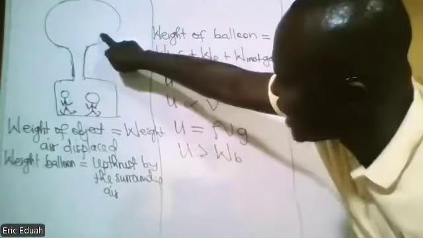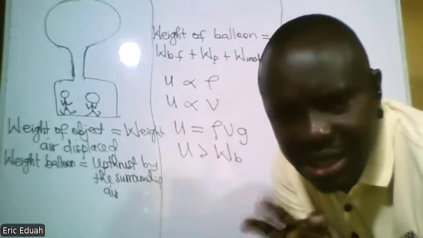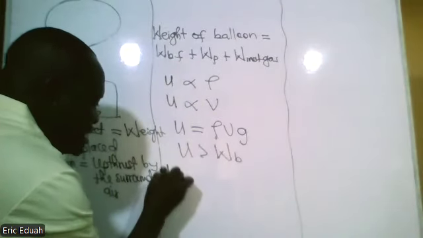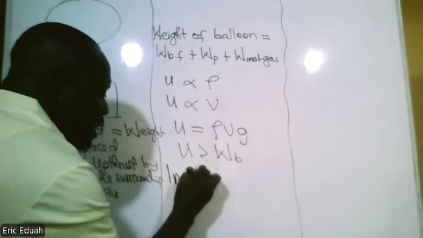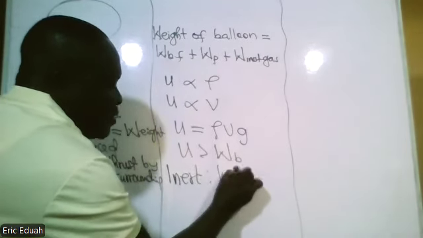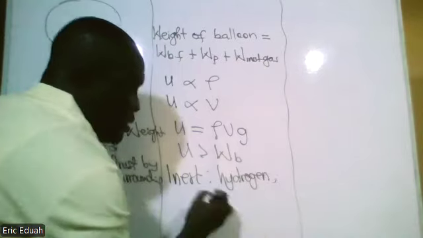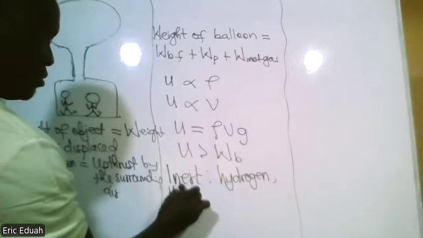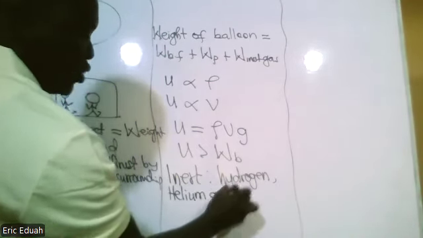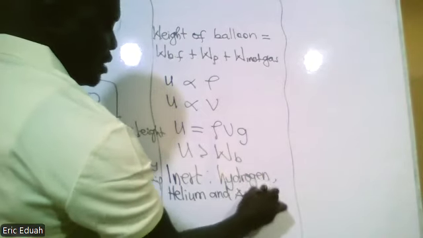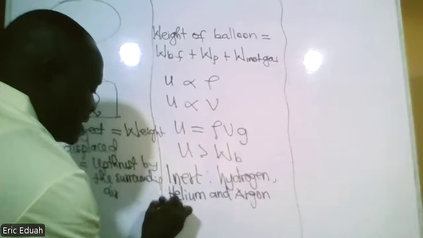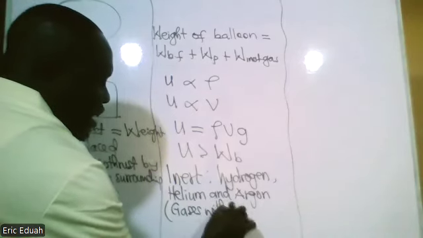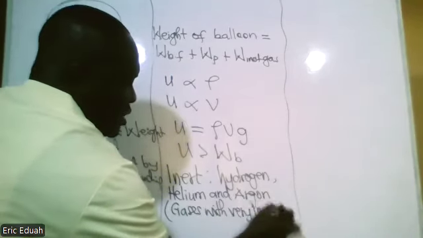So the balloon is first filled with any of these inert gases: hydrogen, helium, and argon. And these are gases with very low densities.